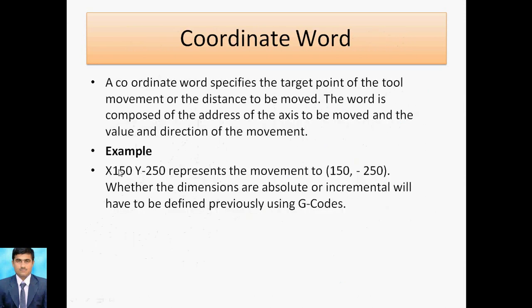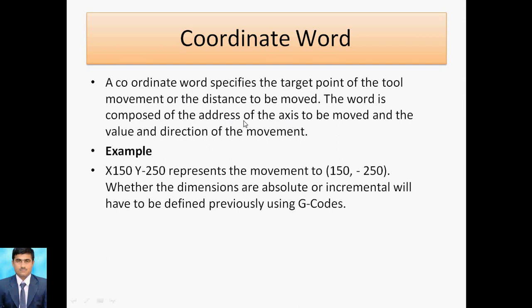The next is the coordinate word. In a coordinate word we know that the word is, for example, x150, y250. Here we have to move to a target value, from the current position to the target position. That word specifies a coordinate.